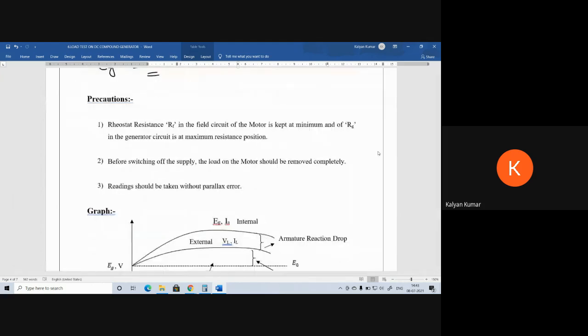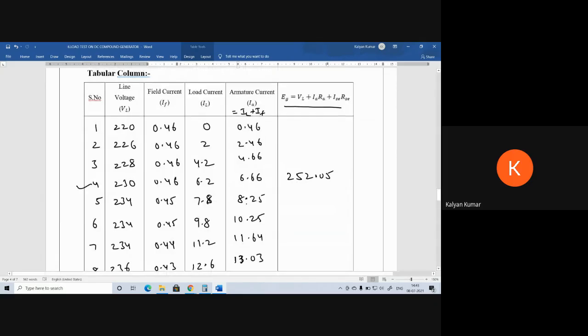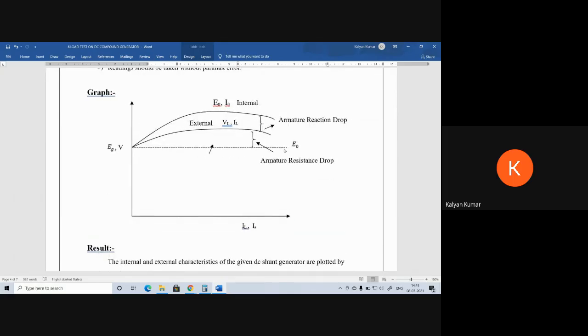Now, by taking IL, current, on the x-axis and voltage on the y-axis, we plot the graph between IL and VL, and we will get the external characteristics.